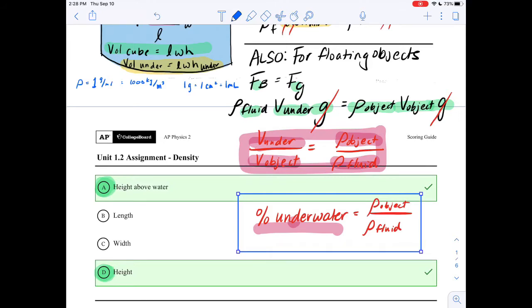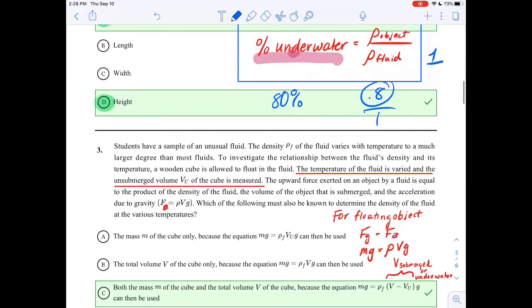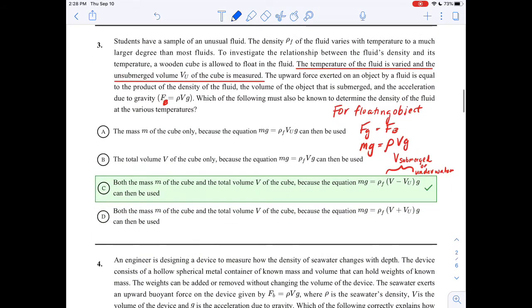Also keep in mind, again, that the density of water is 1. So really, if something is 80% underwater and it's floating in water, then the density of it is 0.8, because 0.8 over 1 is equal to 80%. So that's pretty handy.